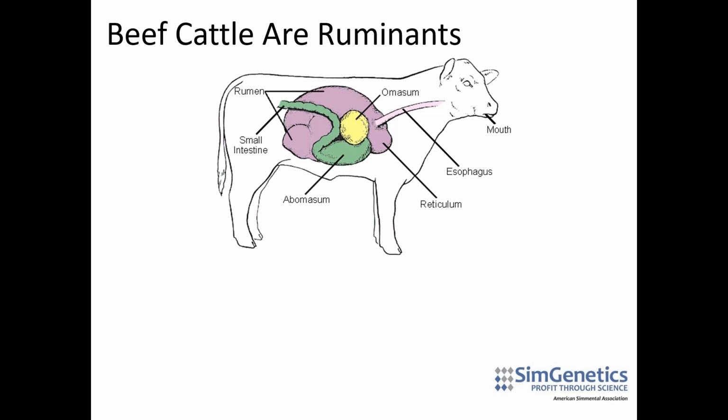Some of this stems back to the idea that a beef cattle animal or a ruminant animal is generally going to be a prey animal, not a predator, right? So they're going to be on the lookout. Over time, they evolved as prey animals to go out and, when they feel safe, eat large amounts and not chew the food very well.